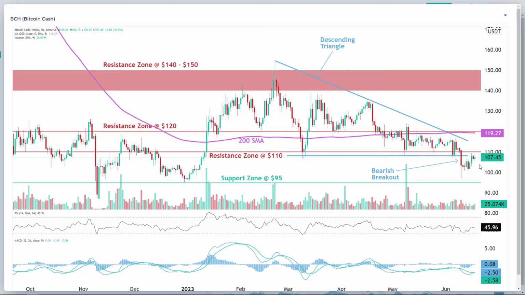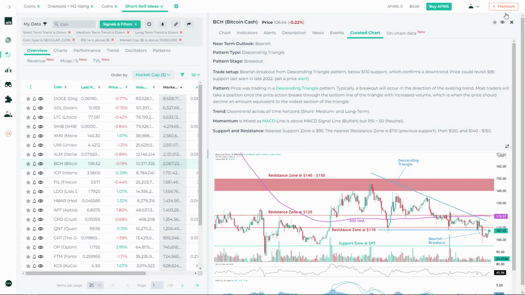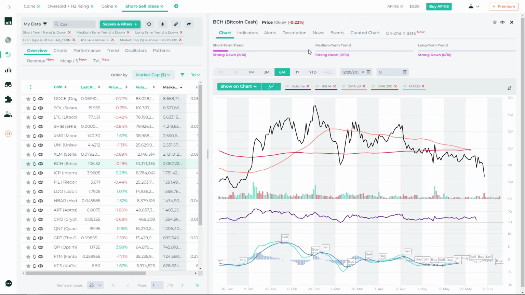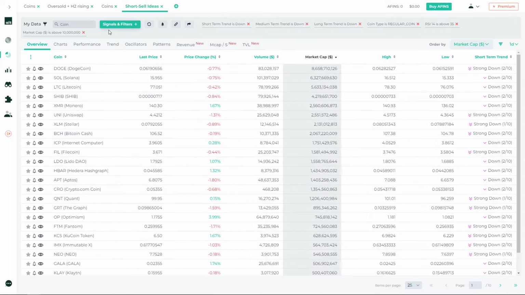Now it's bounced back up, but it's likely to get rejected and then revisit that support zone of $95 or so. And it's clearly in the downtrend. We can check that as well, right here, downtrend. So that's another candidate. So this is the process that I go through to identify short selling opportunities.